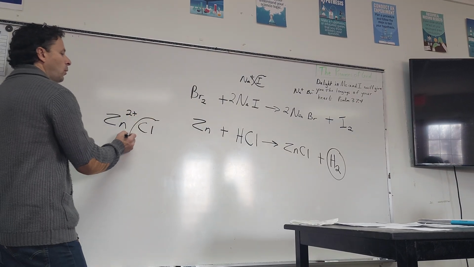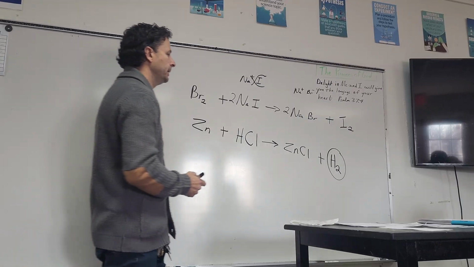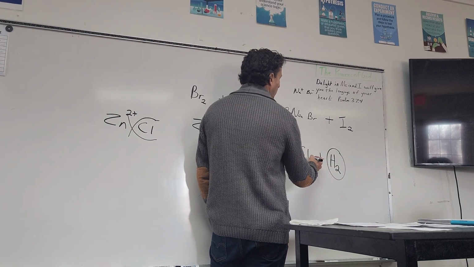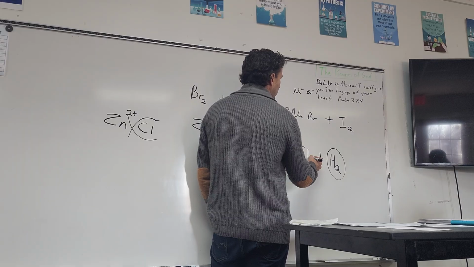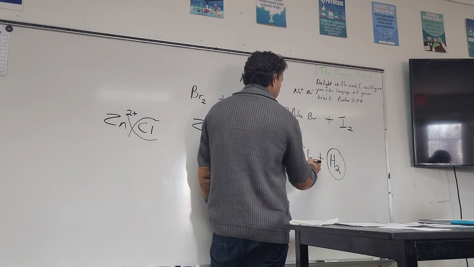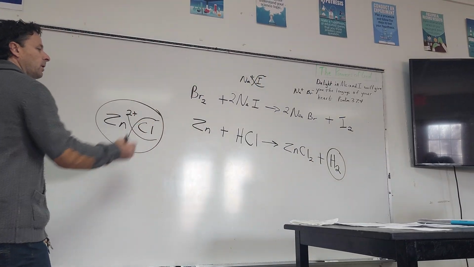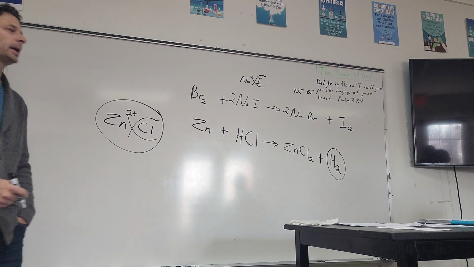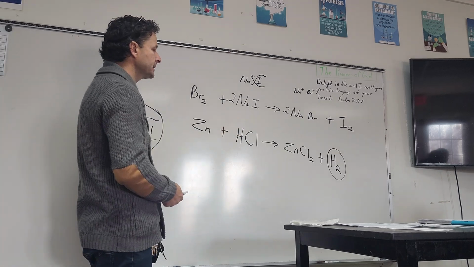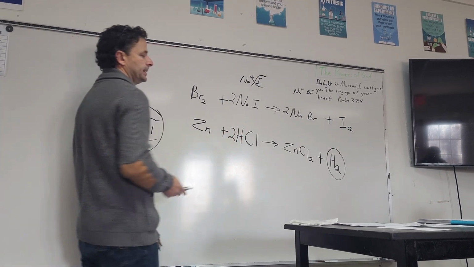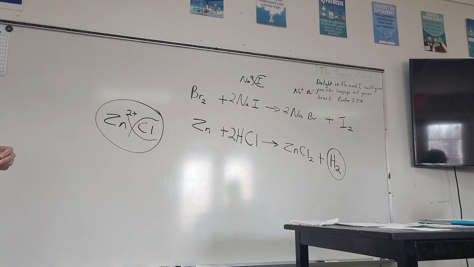So what is the appropriate formula for zinc chloride? It is ZnCl2. Notice the crisscross has to be done for all ionic compounds. Now we can balance this chemical equation with a simple 2 in front of the hydrochloric acid. All right, that's very good.